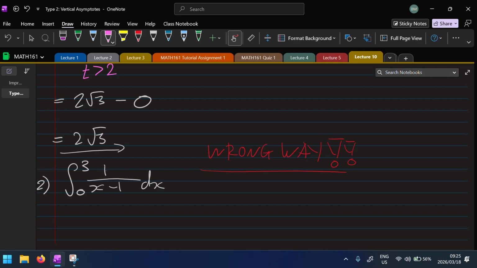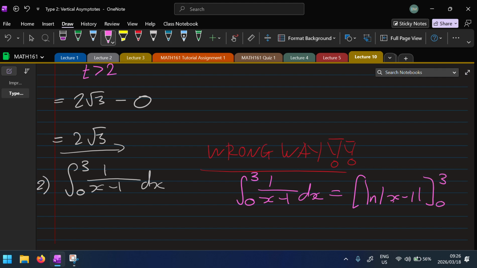So this is going to be the integral from 0 to 3, 1 over x minus 1 dx. You think, oh, very easy. 1 over x minus 1, that goes to? Integral becomes natural log. Okay, so you think, oh, easy, I know that's no problem. Right, you put your absolute values, you think everything's fine.